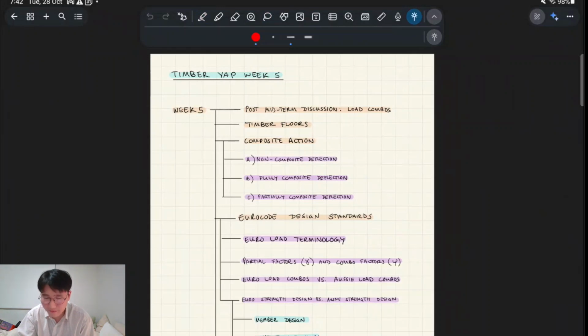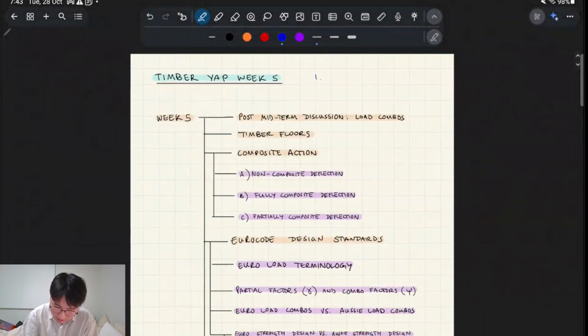In steels you cover it for about a week, and then you kind of use it throughout the time. And then concrete, they just assume that you know it, and also in concrete you only deal with the gravity load combinations. Let me just check I'm on the right document. In concrete you only deal with these ones, which in my opinion are pretty straightforward, so nothing to do with the wind cases or anything.